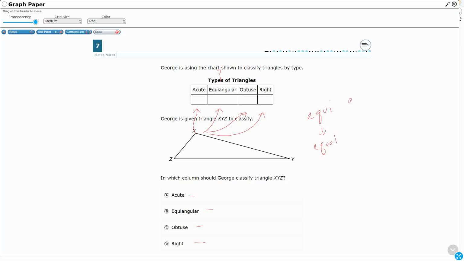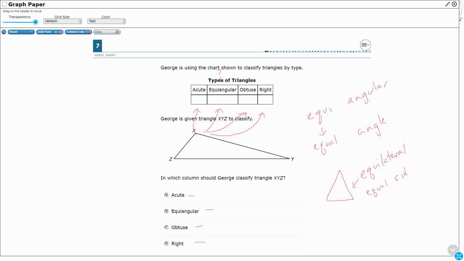And then angular really just means angle. So equal angles. Well, if you have an equal angle triangle, we typically refer to that as an equilateral. And equilateral just means equal sides.